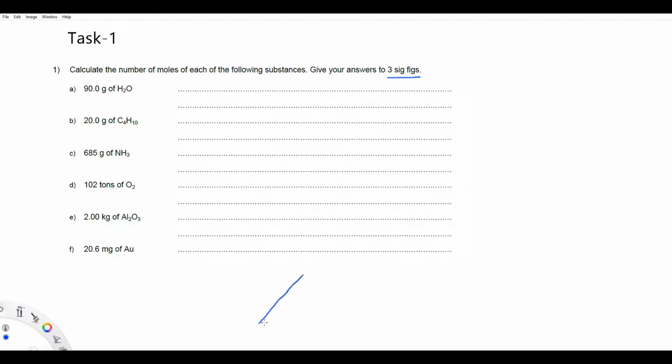Well, we know our formula and we remember it as Mr. M mole. So in this question, we're actually asked to find the number of moles. So in order to calculate moles, you simply take the mass in grams and divide that by the MR. So let's look at this first question.